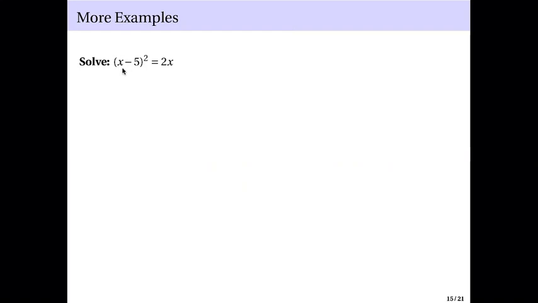So the first example that we're going to solve: x minus 5 squared equals 2x. For the next example, we have x plus 2 times 2x minus 1 equals x squared minus 1. We want to solve x squared minus 1 times x plus 2 equals x cubed minus 4.